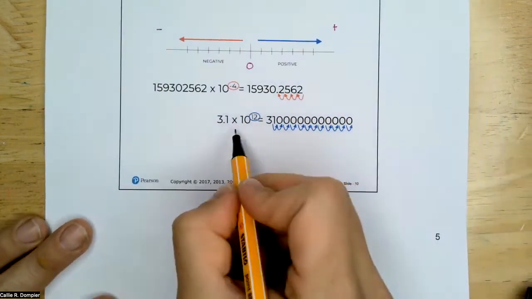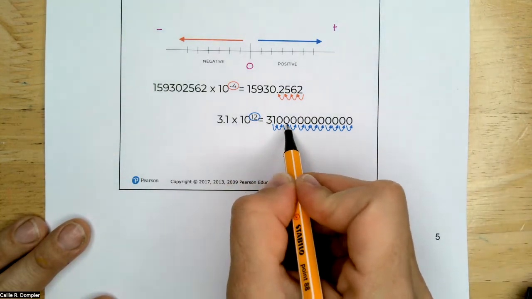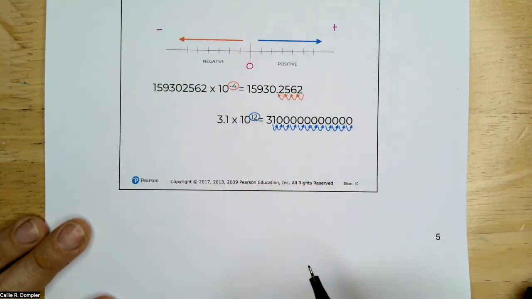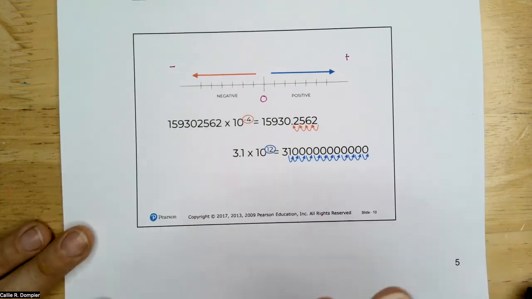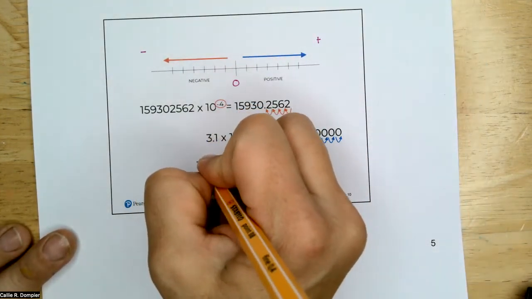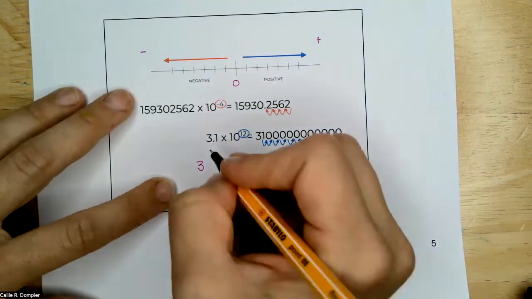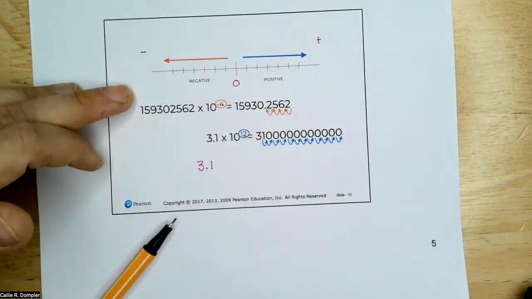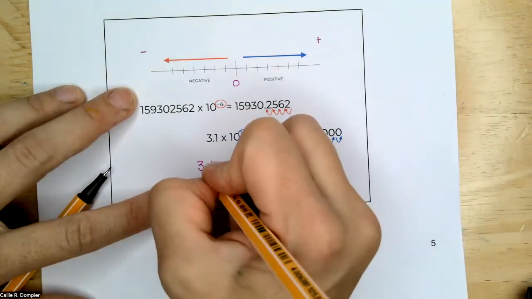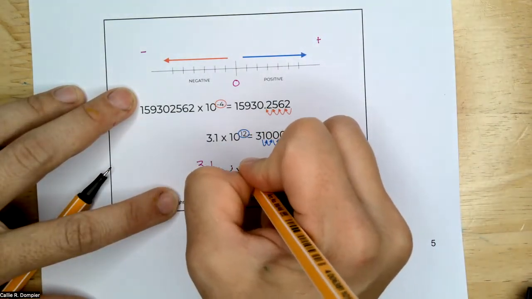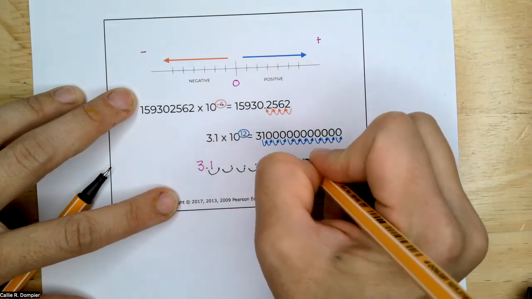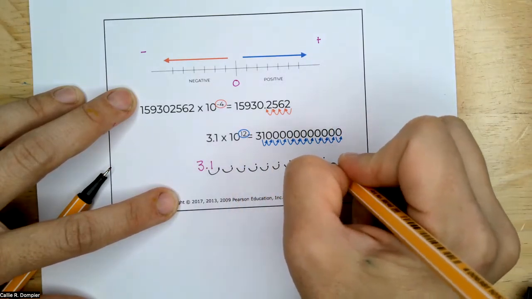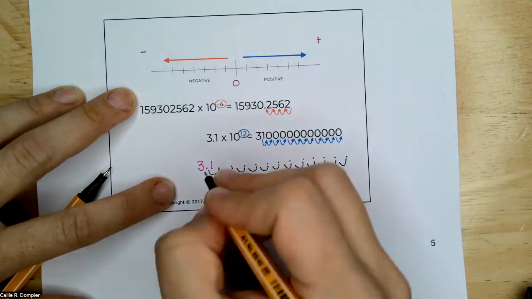When we're undoing it, positive 12 goes in the positive direction. So 3.1 times 10 to the 12th, I'm going to go 12 in the positive direction. 1, 2, 3, 4, 5, 6, 7, 8, 9, 10, 11, 12.